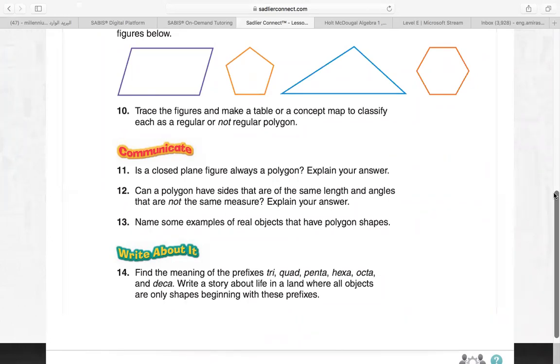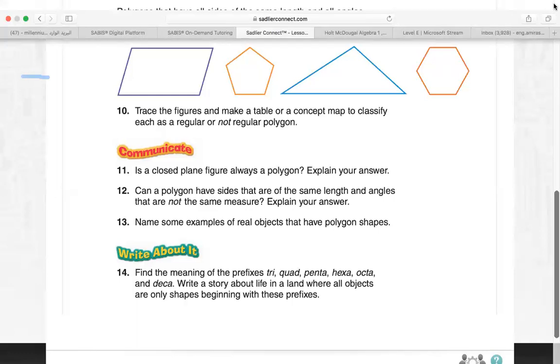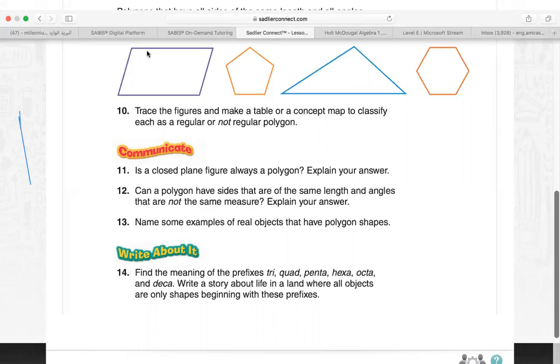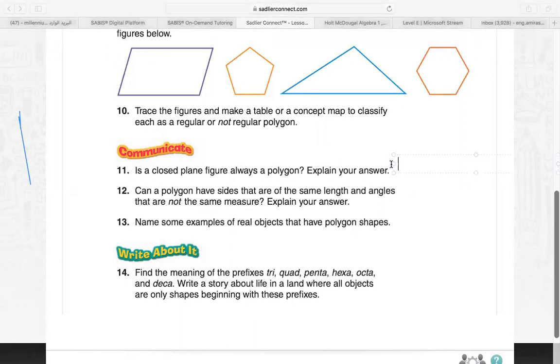Is a closed plane figure always a polygon? No, because the circle is closed, but the circle is not a polygon. Because it needs to have line segments. If it doesn't have line segments, it's not a polygon.